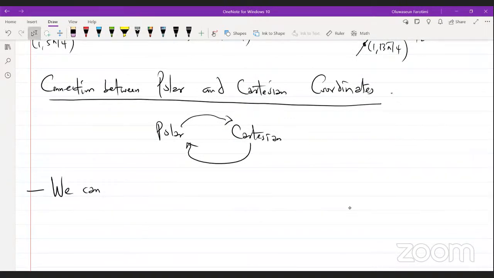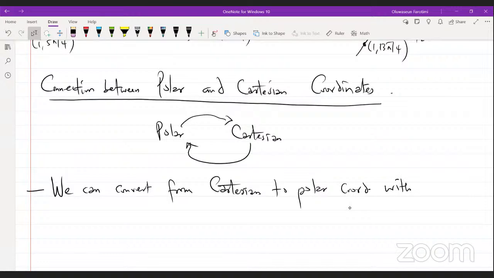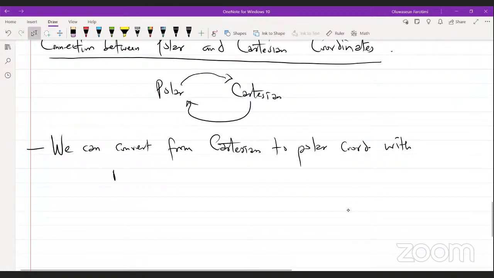So we can convert from Cartesian to polar coordinates. Of course, we need the help of a formula. My r, which is my distance, becomes the square root.